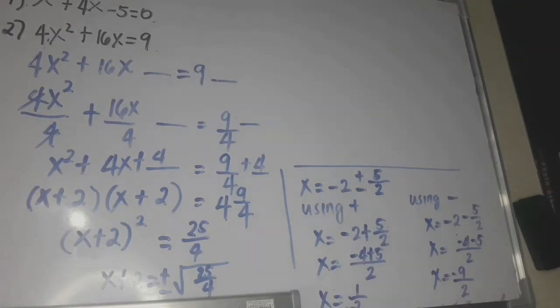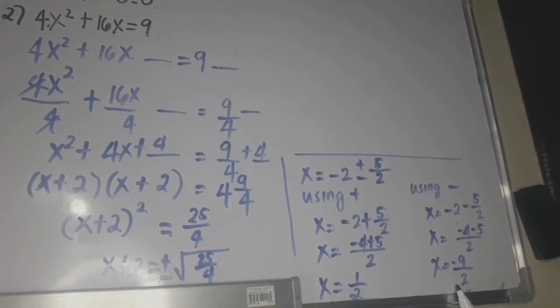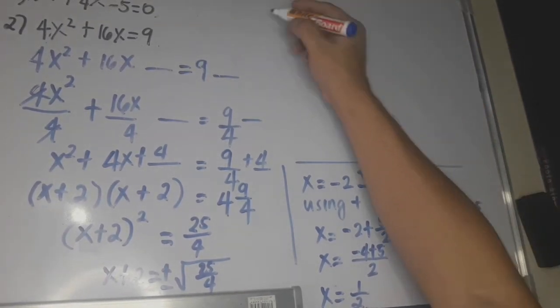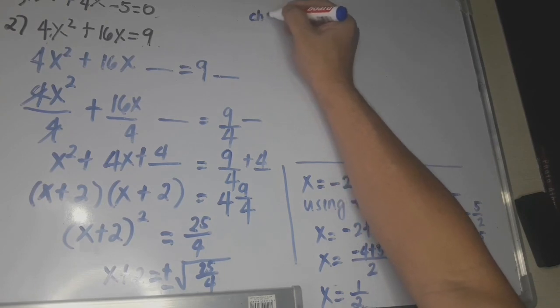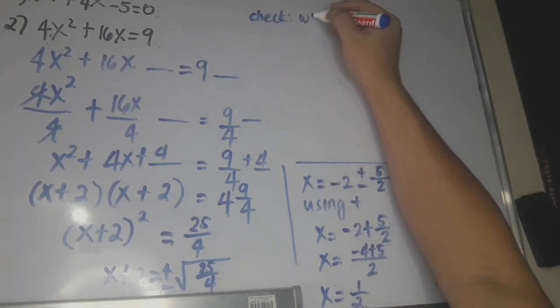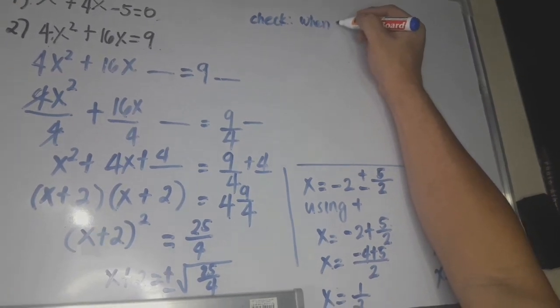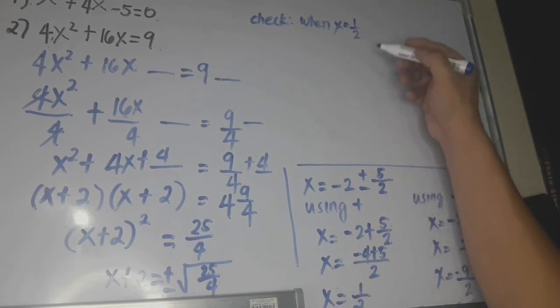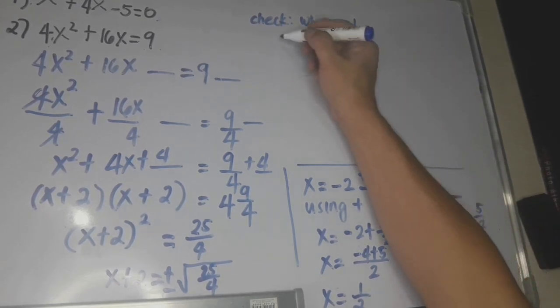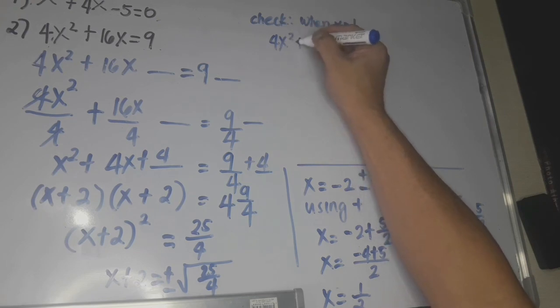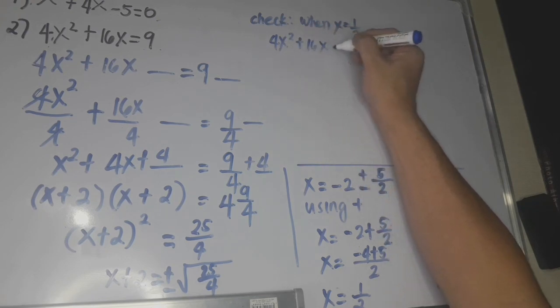How do we know that these roots or these solutions are correct? Then let's do the checking. When x equals 1/2, substitute to the original equation, 4x squared plus 16x equals 9.